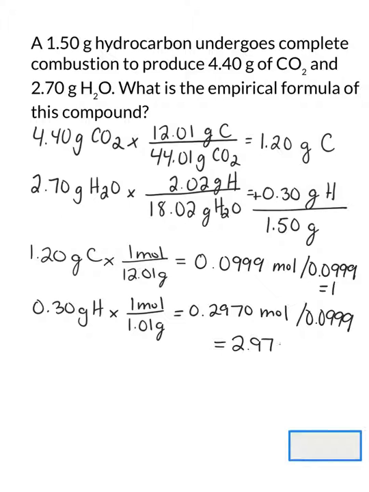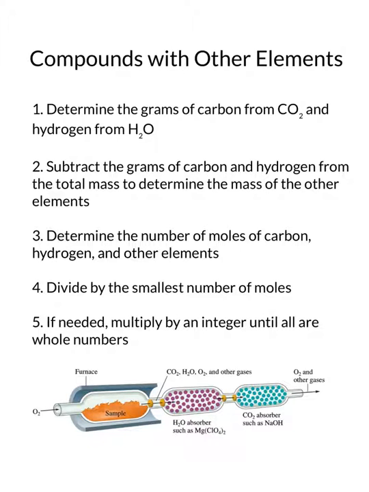That is close enough within reason. I'm going to approximate that to a whole number 3. Right? 2.97 is very, very close to 3. So that tells me for every 1 carbon, I have 3 hydrogens. So my empirical formula is CH3.